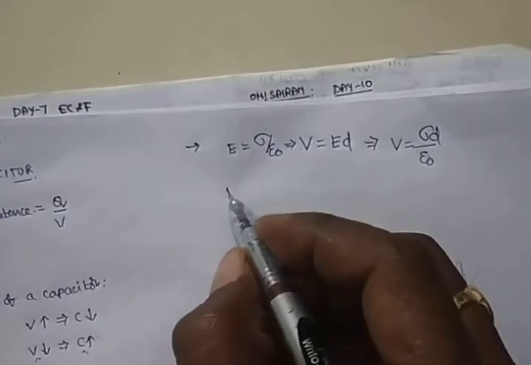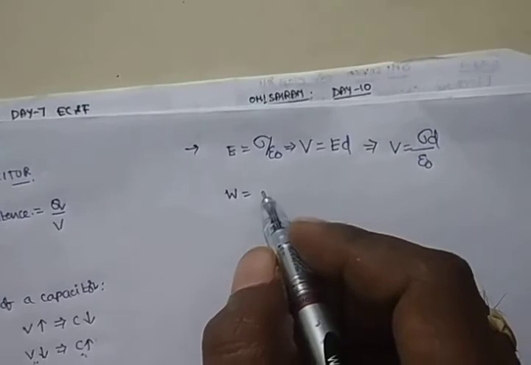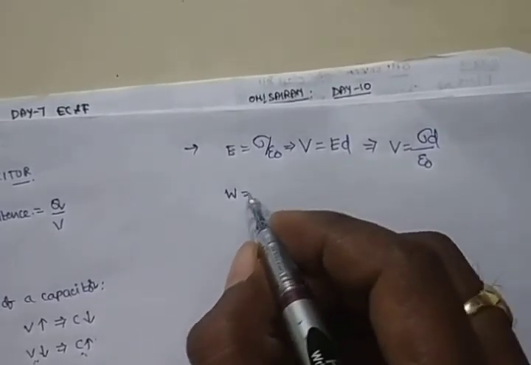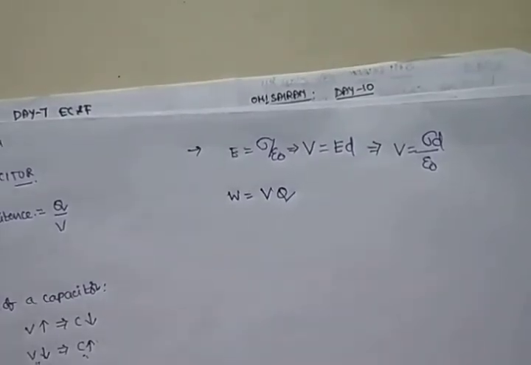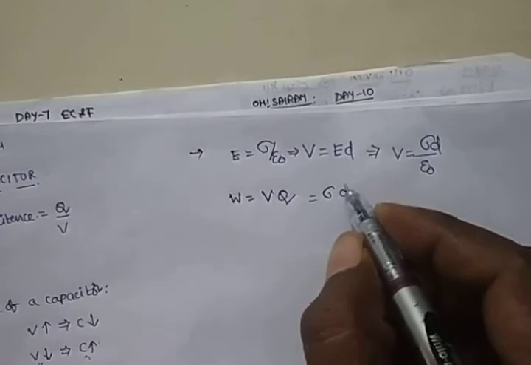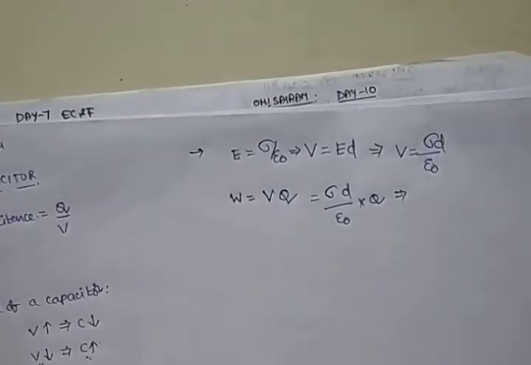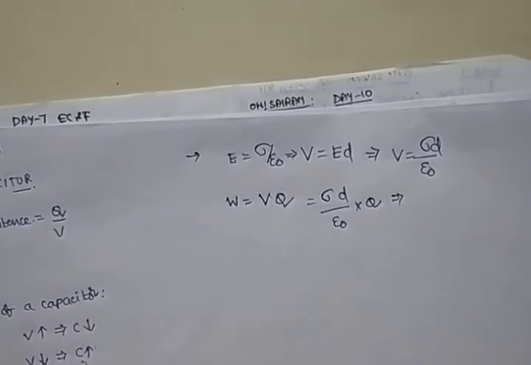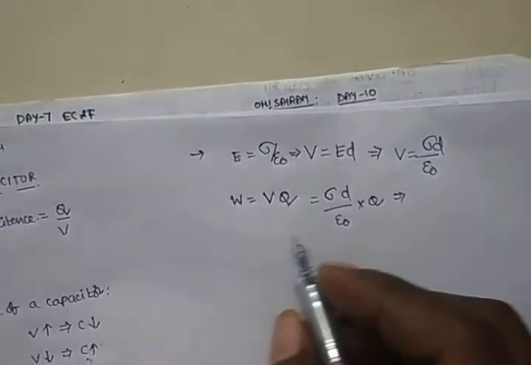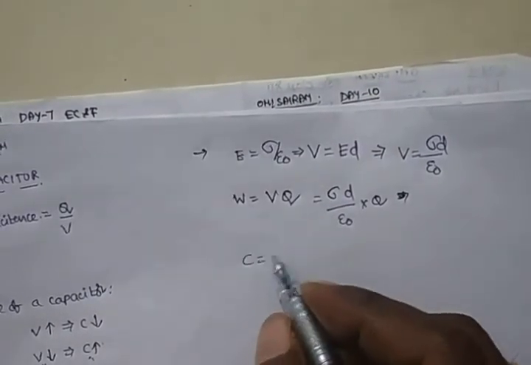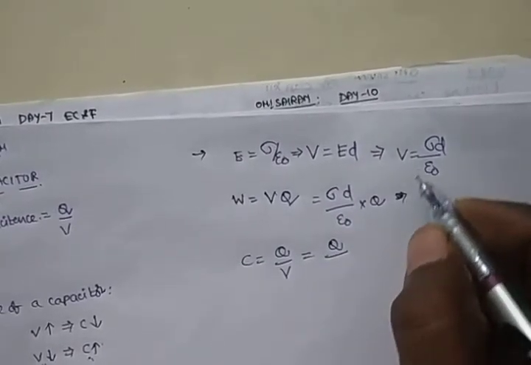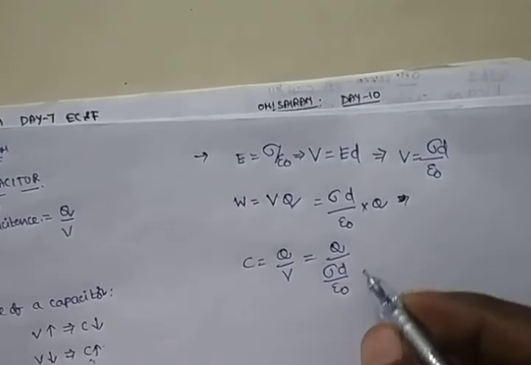Now work done: W is equal to VQ. Instead of V you can write sigma D by epsilon naught multiplied by Q. But to find the potential, we use C equal to Q by V. Instead of V you can write sigma D by epsilon naught.